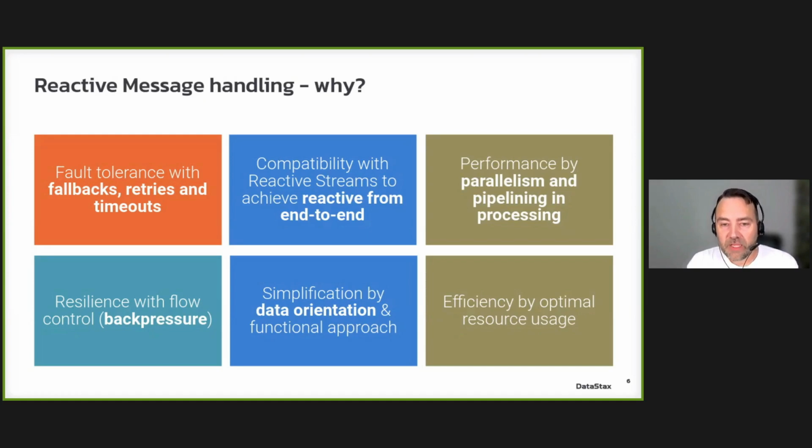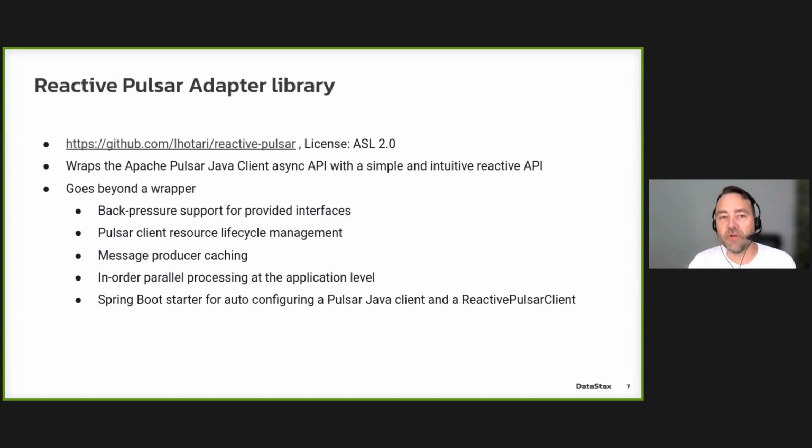I'm introducing you to a reactive Pulsar adapter library. This is something that you can use together with Apache Pulsar and Spring Reactive. It is an experimental project which is currently available at this web address.